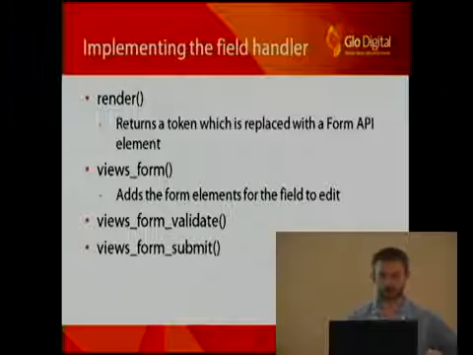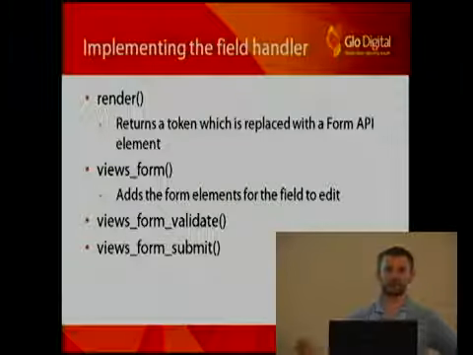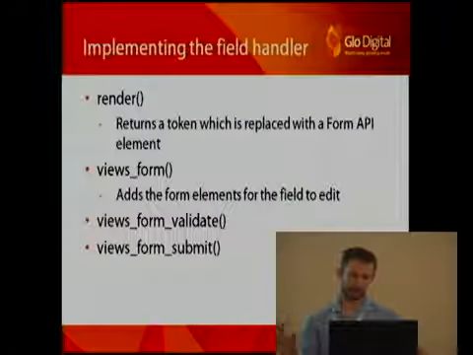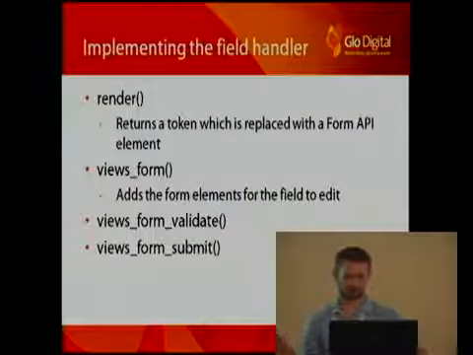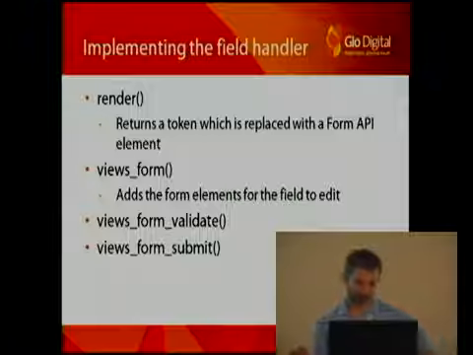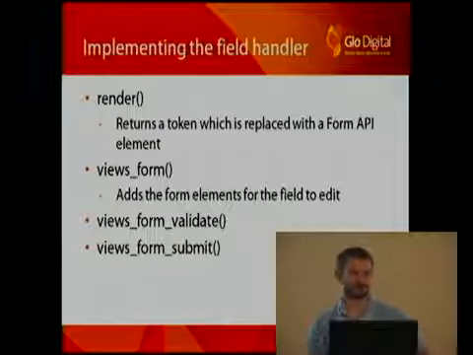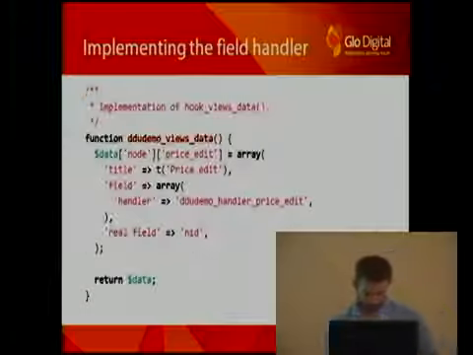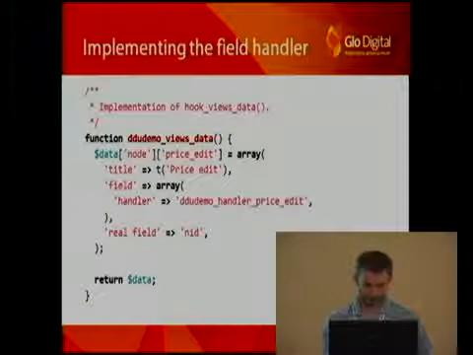The render function, when the field is going to be displayed on the website, just returns a token, which again is an HTML comment, and that gets replaced later with a form API element. You define the form API element in views_form.